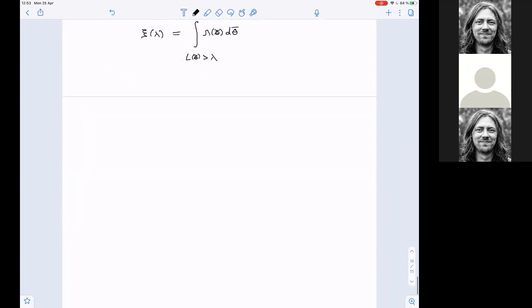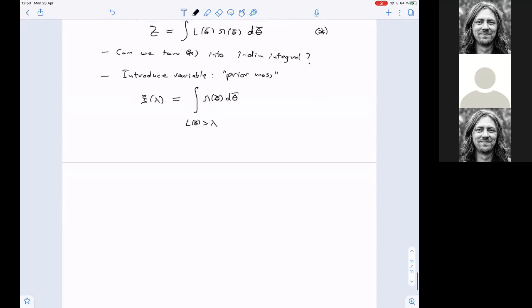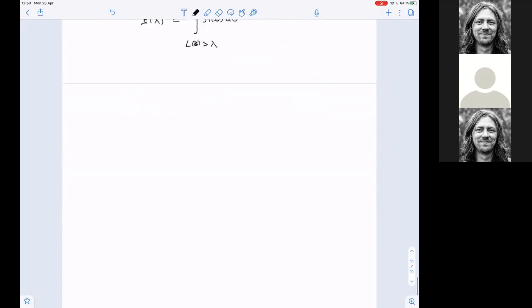So personally, I find this easier to think about if I have a figure. So for simplicity now, imagine we only had a one-dimensional model, right? And say we had a prior that had some, I don't know, shape like this. So this can be our prior.